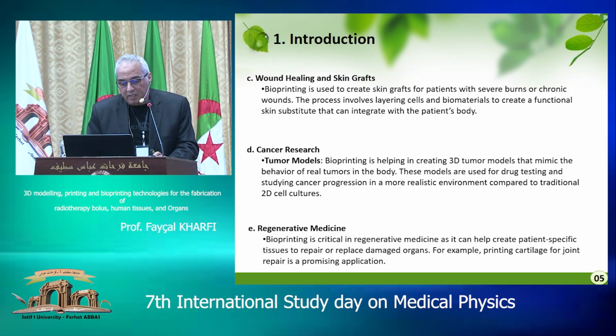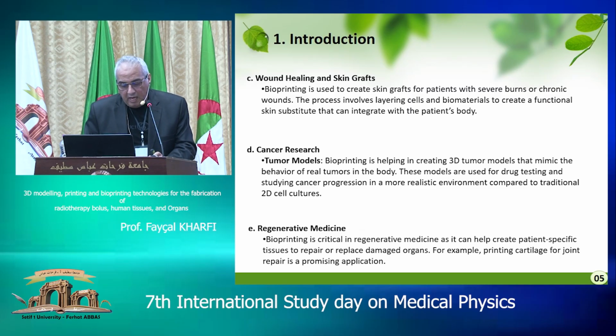Bioprinting here is used to create skin grafts for patients with severe burns or chronic wounds. The process involves layering cells and biomaterial to create a functional skin substitute that can integrate with the patient's body.